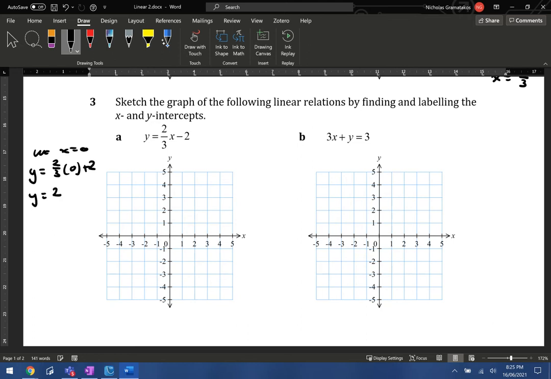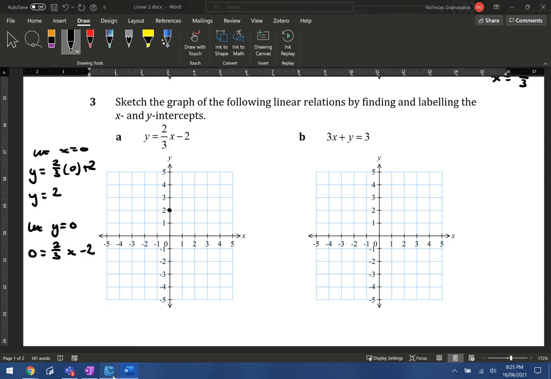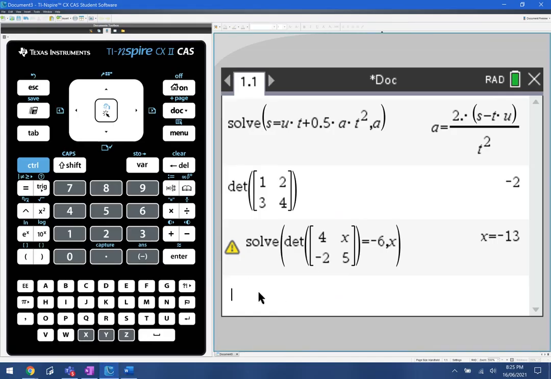Y equals 2. Nice and easy. Let's let y equal 0. It becomes a little bit more troublesome. I get that equation. Now, we could solve this by hand, but I'd like to show you how to solve it on CAS. Let me make a new page.